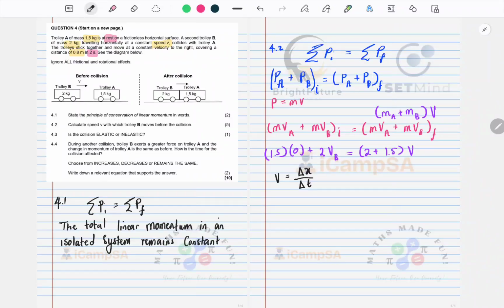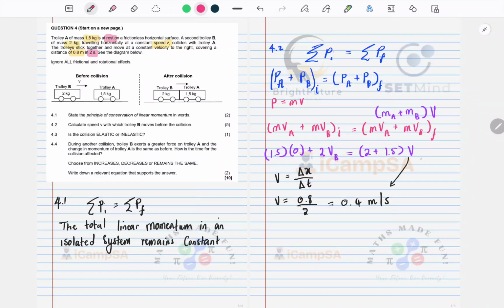So our velocity here, we can say 0.8, because this has moved this 0.8 distance all over 2 seconds, right? So that means we're going to have 0.4 meters per second as our velocity. So we have gotten this v. Okay, this has simplified things for us.